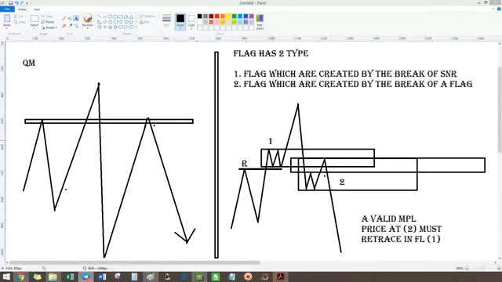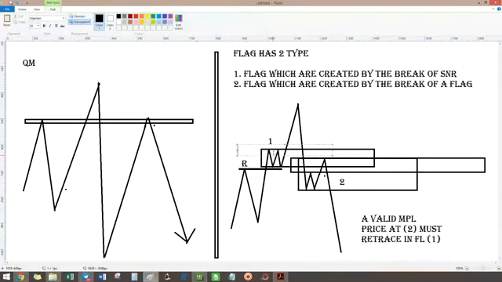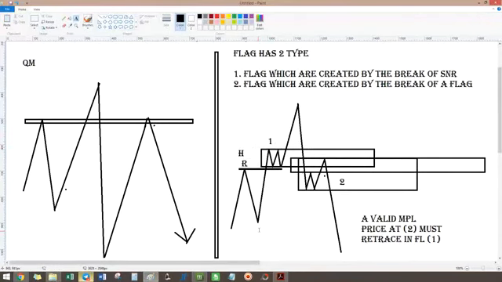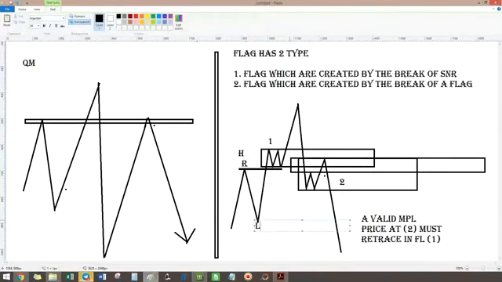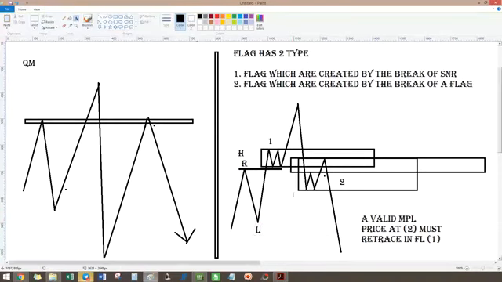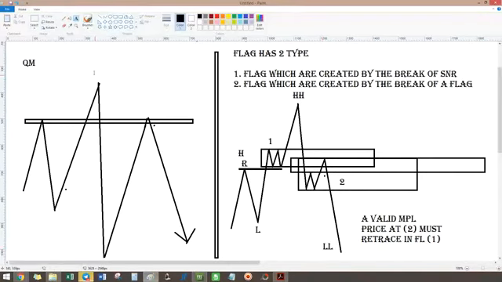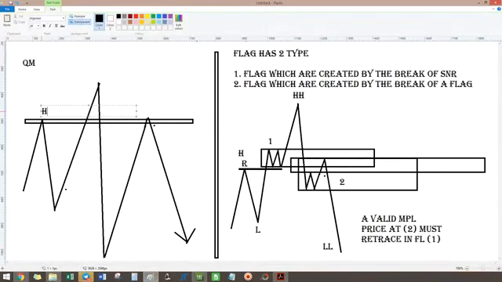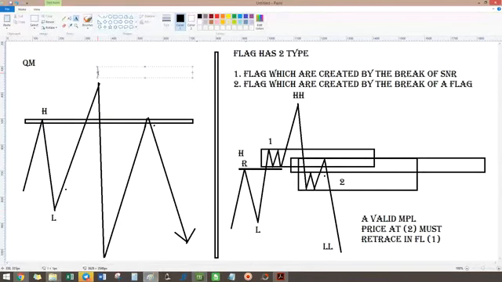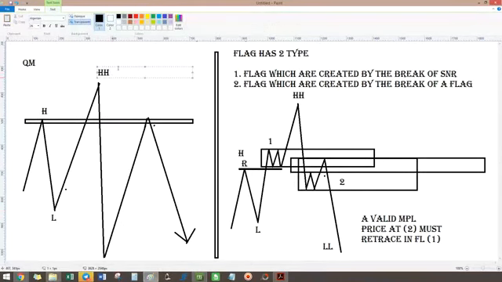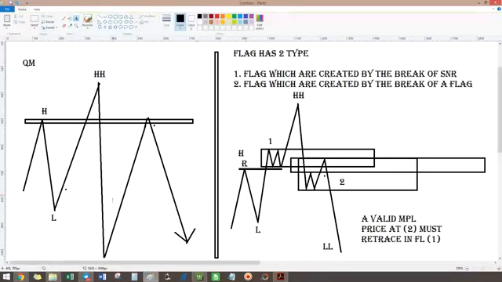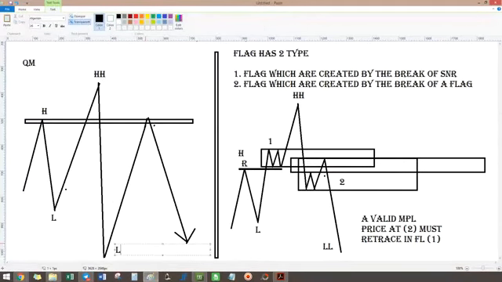So this is also a high, low, higher high, lower low. This is also a high, low, higher high, lower low.